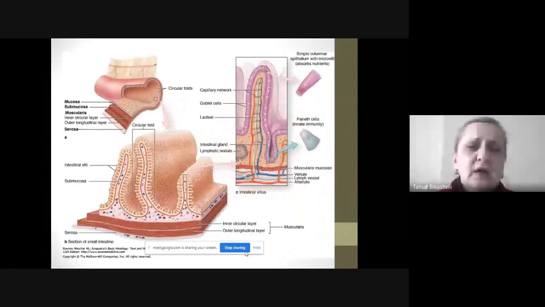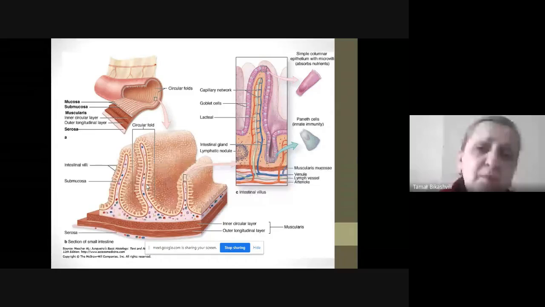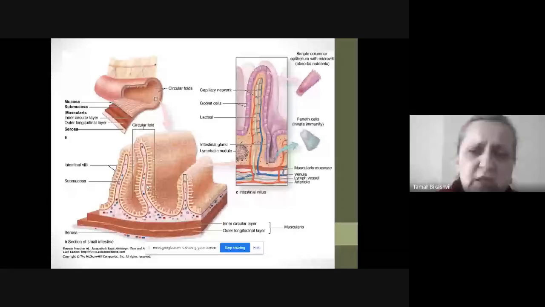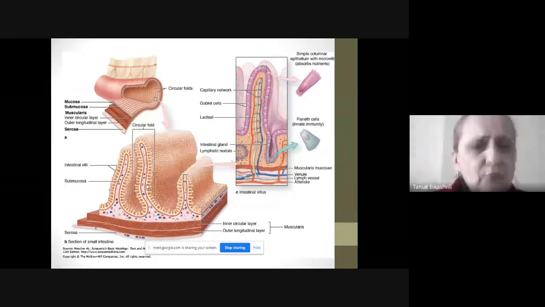So now about the specific structure of the small intestine. If you remember, in the stomach there are folds, the small folds, the name of the rugae. In the intestine, especially the small intestine, there are also circular folds.